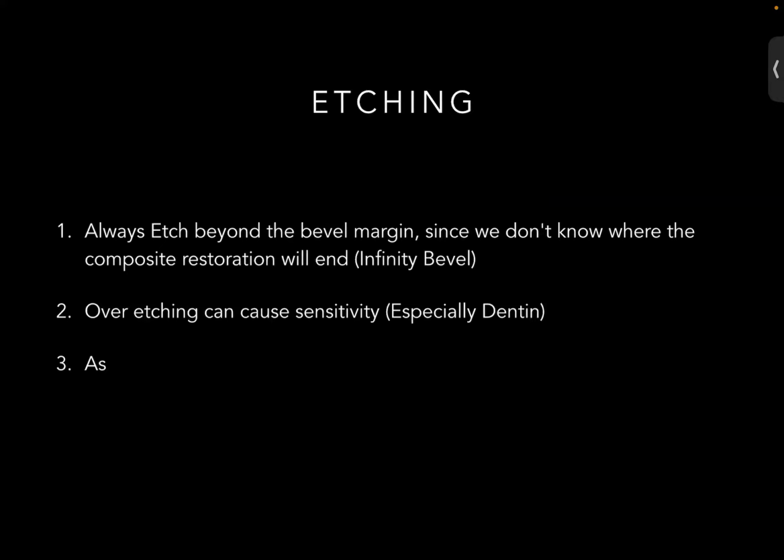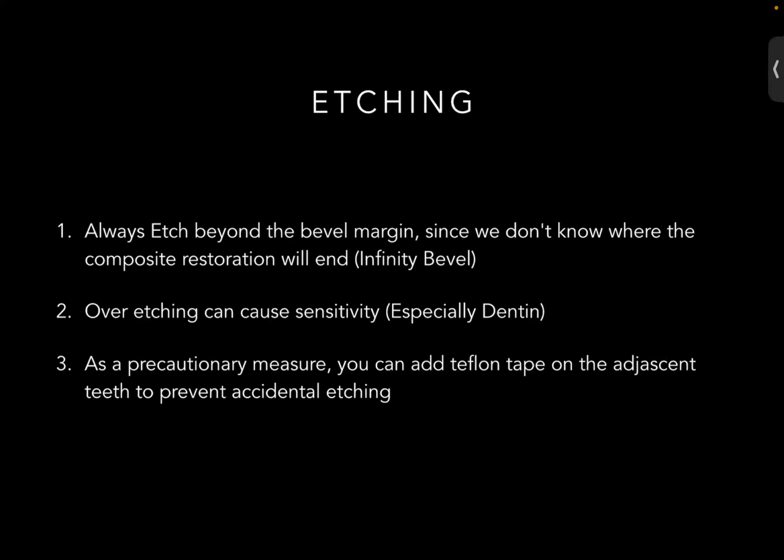Right? Now, the correct method of etching, especially for anterior restorations, is you always etch beyond the bevel margin, because we don't know where our composite restoration is going to end. Over-etching can cause sensitivity, yes, especially on dentin. And as a precautionary measure, you can add Teflon tape on the adjacent tooth to prevent accidental etch.